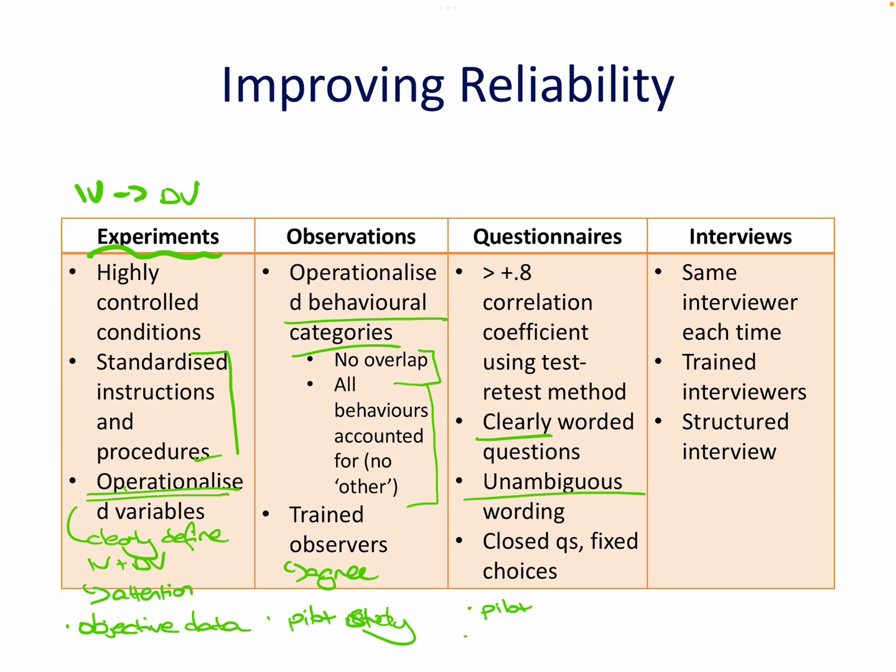We might want to use reverse scored items. That could help as well. We might want to have more than one item. If we've just got one question, it's going to be pretty obvious what the study is testing, and that might lead to unreliable results and so on. But we just want to really focus on the wording of those items. We want to make sure that each item is asking just one thing at a time, and so on.